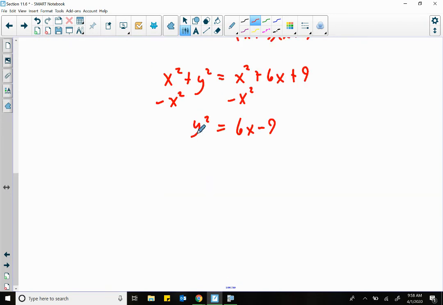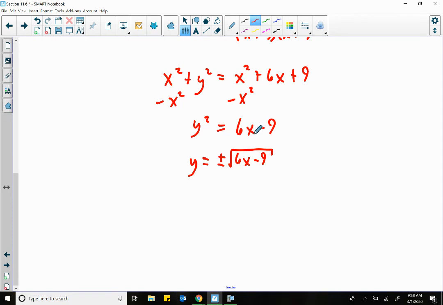And if I wanted y truly by itself, you'd have to take the square root of both sides, and you'd say plus or minus the square root of 6x minus 9. And that would be one possible answer. This is actually one of the possible answers as well. This is the equation of a parabola on its side.